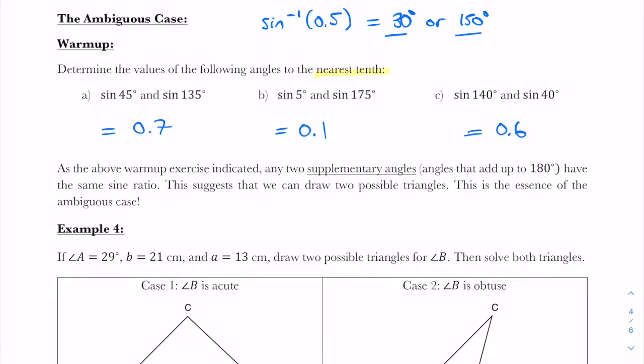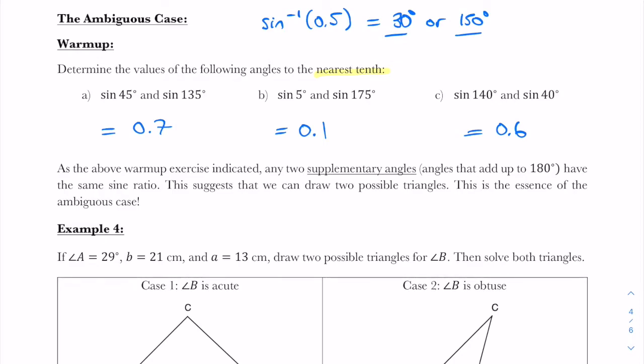But this is what I mean by ambiguous case. Notice now when you take the inverse sine of 0.5, you're getting two possible answers, 30 degrees or 150, an acute angle or an obtuse angle. This is what we mean by an ambiguous case. It's like the picture on the previous slide when you saw that there could have been an old woman or a young woman. And that's exactly what we're going to do today.